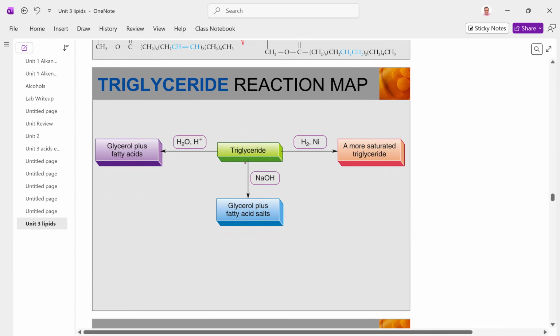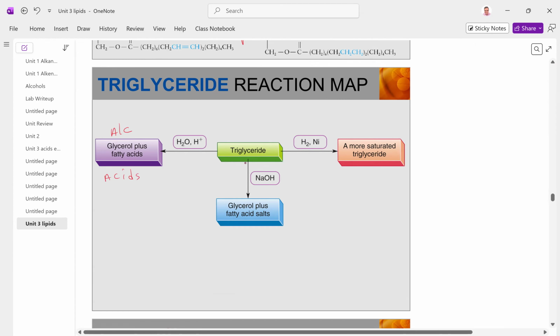Okay, so this is the reaction map for lipids. Now we're going to start with triglycerides. There's some other things we're going to be talking about besides simple triglycerides. In an acidic environment, we end up with the alcohol plus the acids.